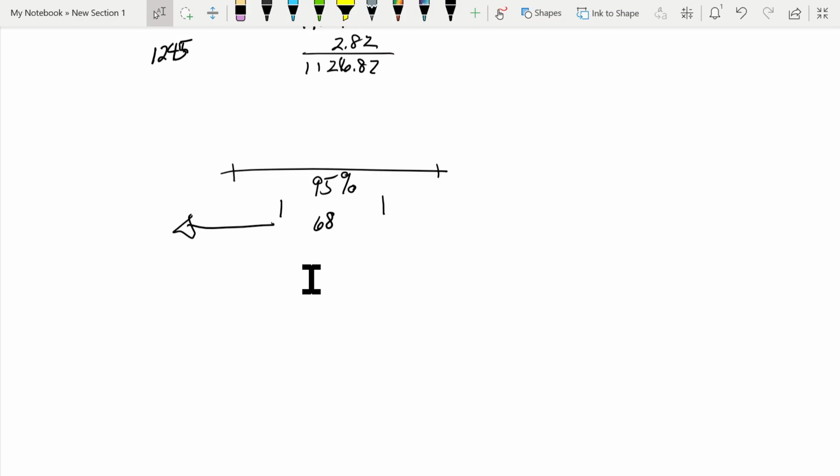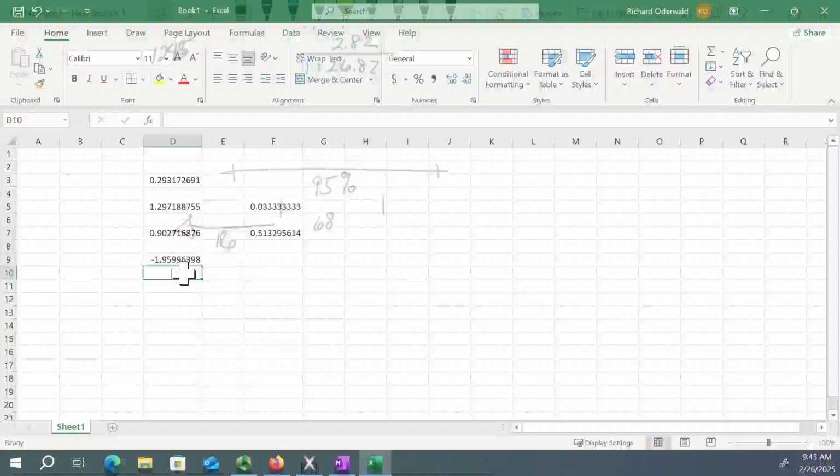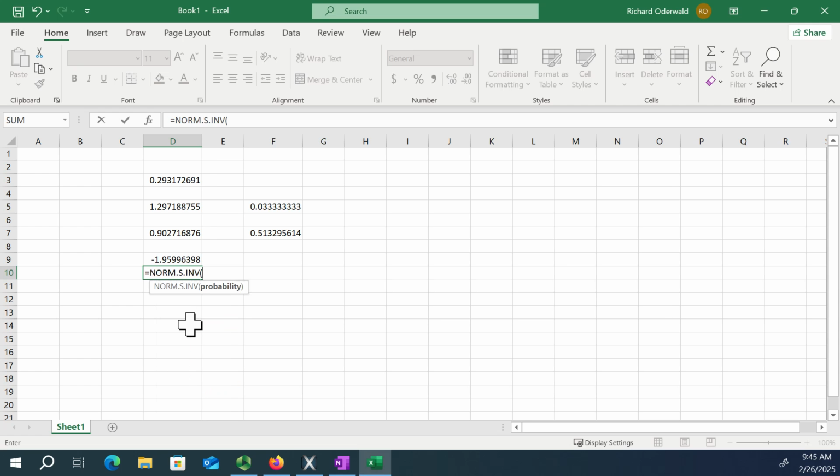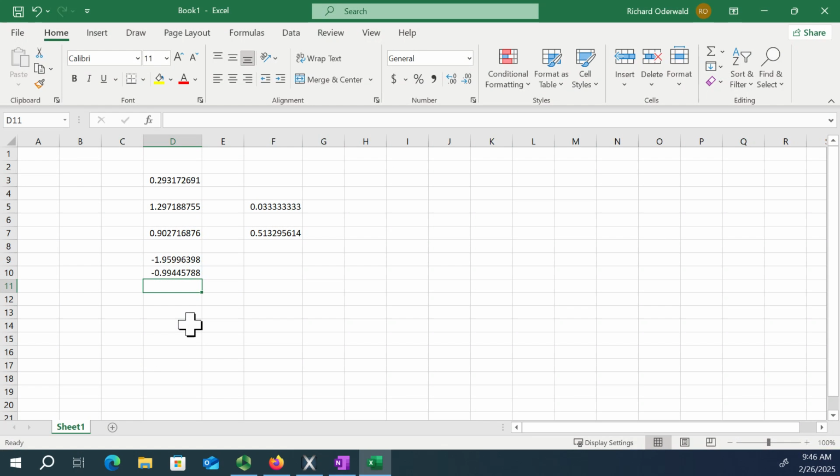How much is not in the 68? 100 minus 68 is 32. How much is in each end? This is 16. I need to look up 0.16 equals norm.s.inv 0.16, negative 0.99. That's pretty close to minus 1.